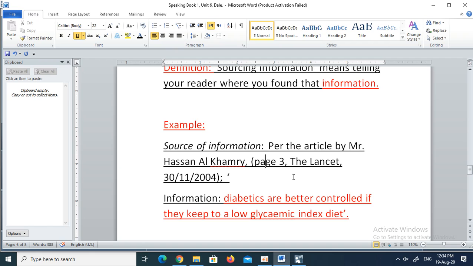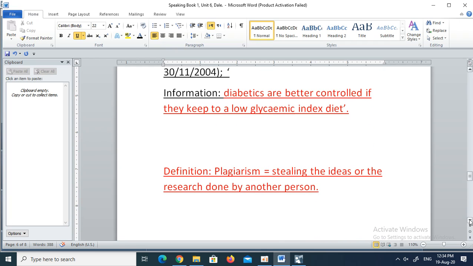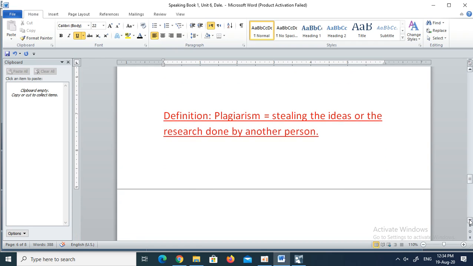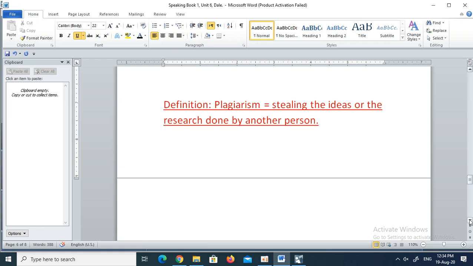Now, why do we have to source our information? The reason we source our information is that we cannot steal another person's ideas or his research.